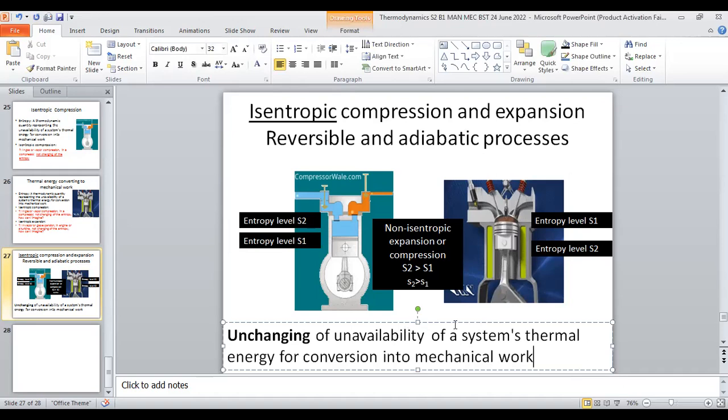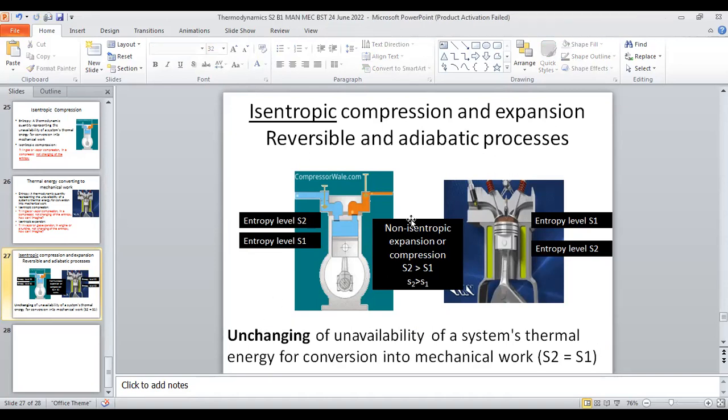So unchanging, you can say S2 is equal to S1. Ideal case.